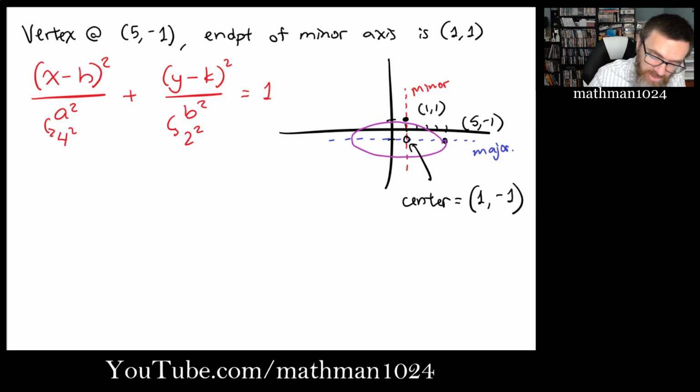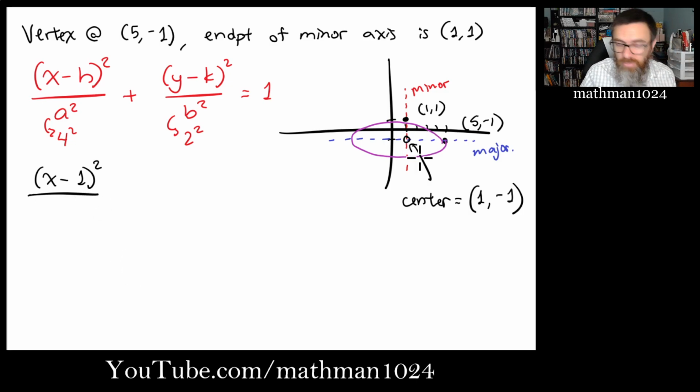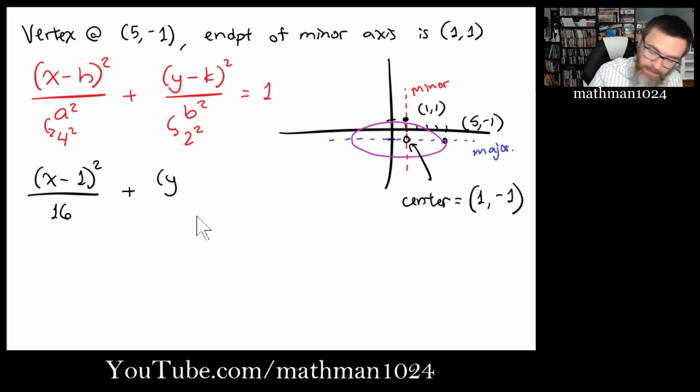So x minus h, so x minus 1 squared over, so this was 4, but it's going to be squared, so it's going to be 16, plus y minus negative 1 is y plus 1 squared, over my b value is 2, so b squared is 4.